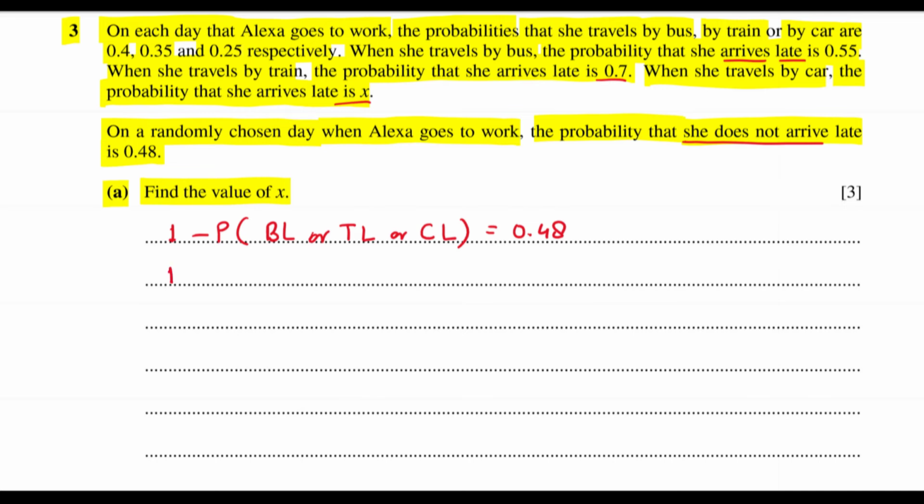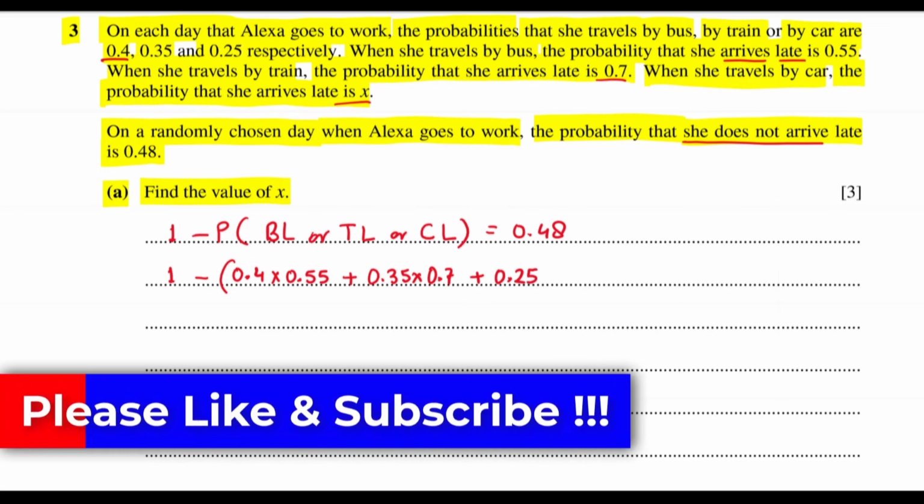So it is 1 minus: by bus 0.4, and arriving late means 0.55, plus by train, that is 0.35, and arriving late is 0.7, plus by car, that is 0.25, and arriving late is x.